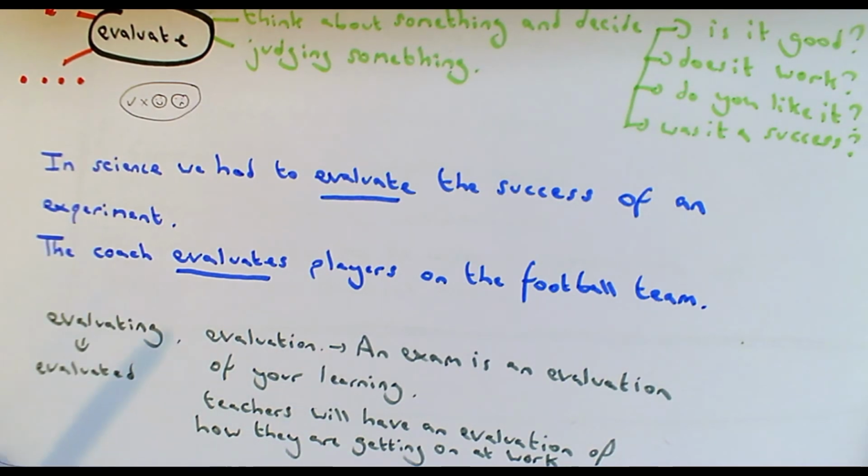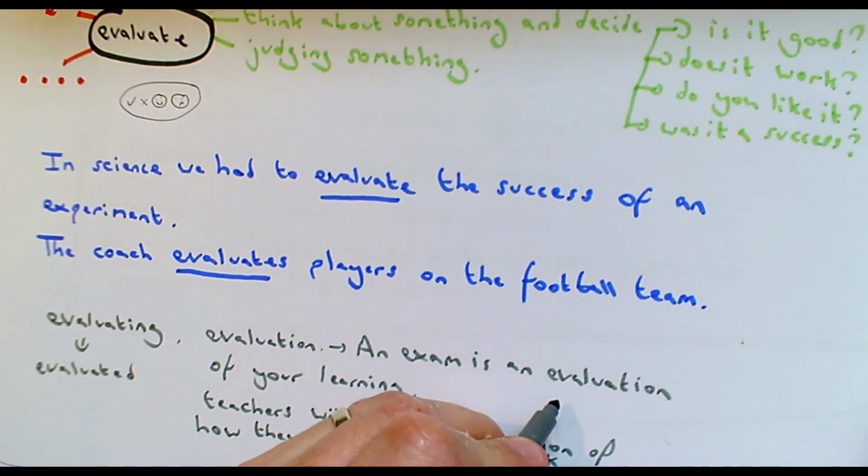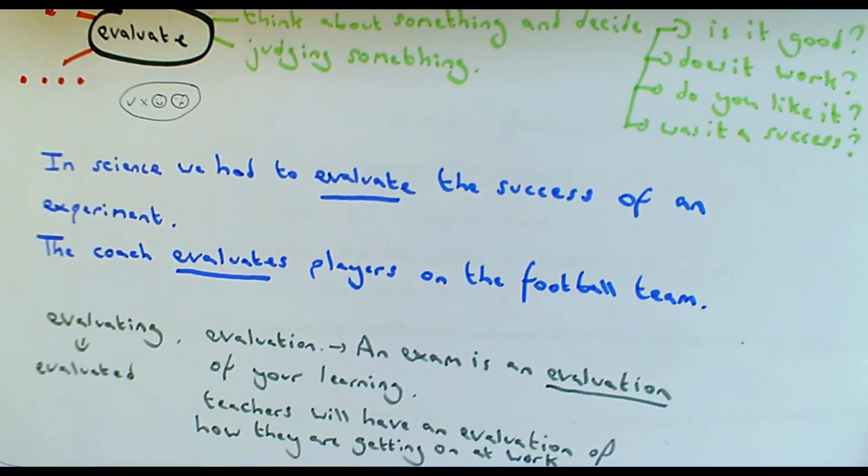You can be evaluating. When you've done it, you've evaluated, and then you've made an evaluation. And an exam is an evaluation of your learning. What have you learnt? But teachers, everyone in work, also likely to have an evaluation of how they're getting on at work. So that's our word map for evaluate.